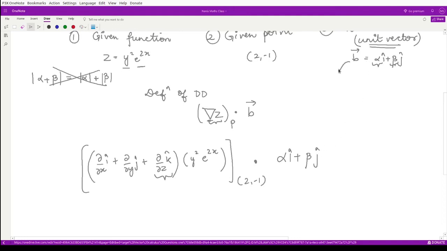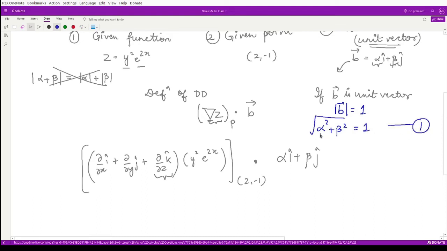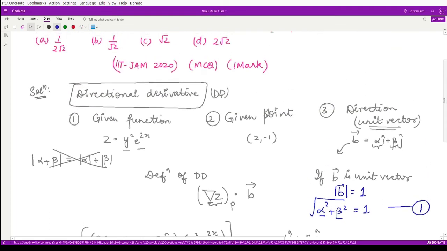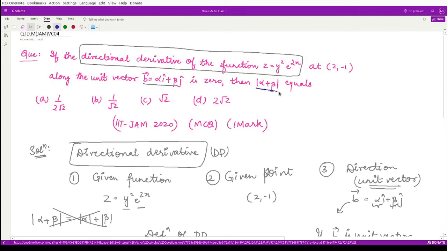Now if b is a unit vector, you know that the magnitude of this unit vector should be equal to 1. So what is the magnitude of this vector? It is the square root of alpha square plus beta square. So this is equal to 1. This is our equation 1, which gives you the relationship between alpha and beta, because in the question they have asked about a term which involves alpha and beta.